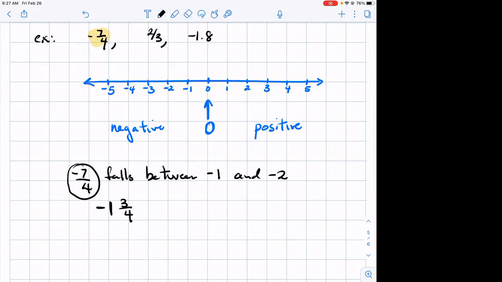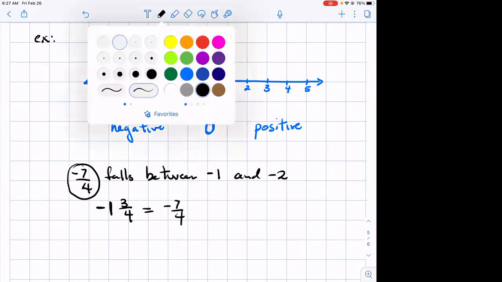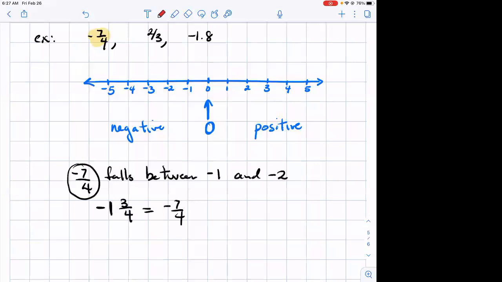Same thing, this is the same as -7/4. So make sure when you plot it, you use your judgment. And 1 3/4 will be closer to 2, so somewhere over here. So this will be -7 over 4.